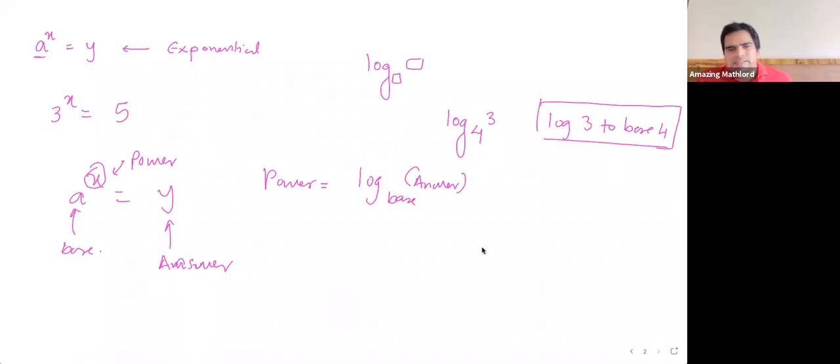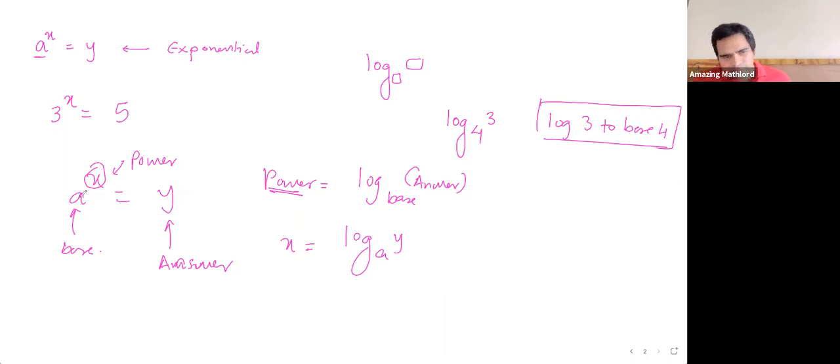So if I wanted to convert this a to the power x equals y relation into a logarithmic relation, you're going to write this as x equals, so power is x, equals log of answer, which is y, to the base a. Now, how do we read this?